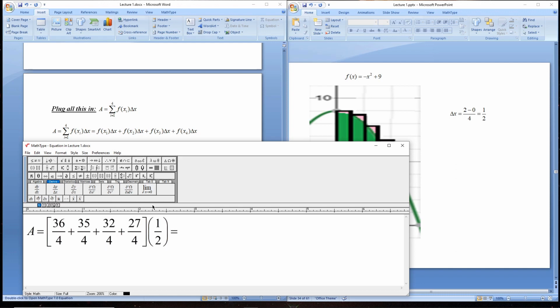So now we can add all those together fairly simply. We've got 71, 103, and 130. So we've got 130 over 4, adding all those fractions together, times a half, which was our delta x.